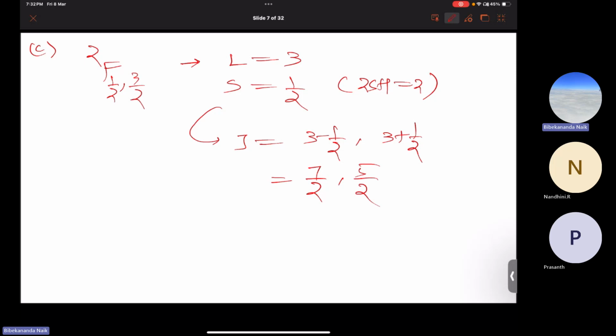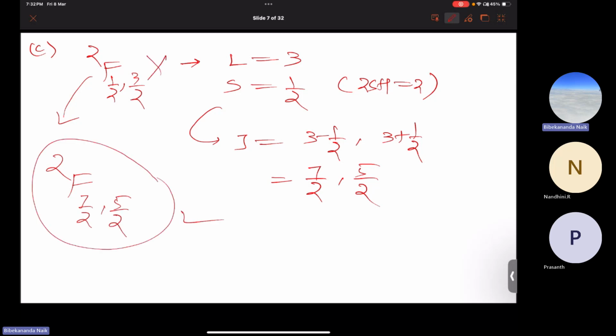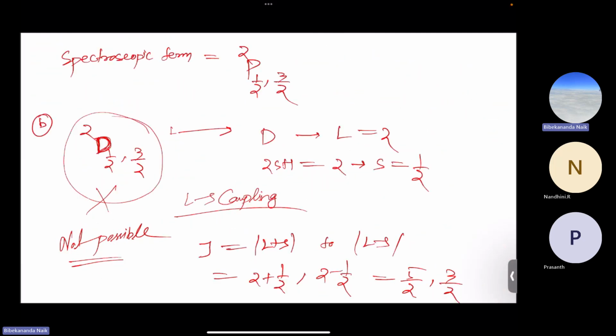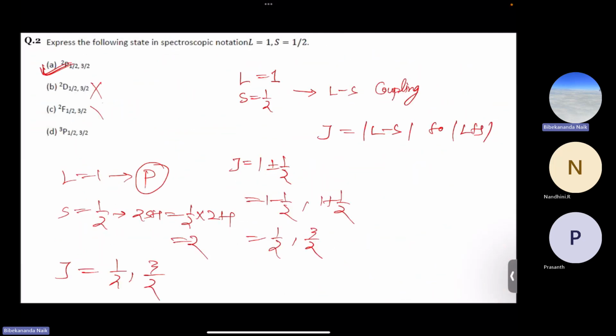So if it is F, the correct representation would have 7 by 2 and 5 by 2. So this is wrong. This option is also wrong. Here it is wrong obviously because you see here it is 3, and 3 means that there are 3 states with the same value of L and J. But here there are only 2 states given.